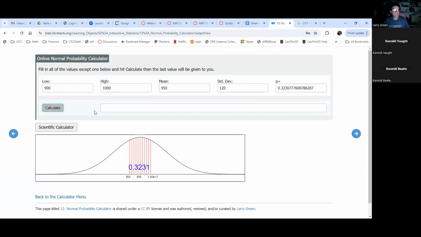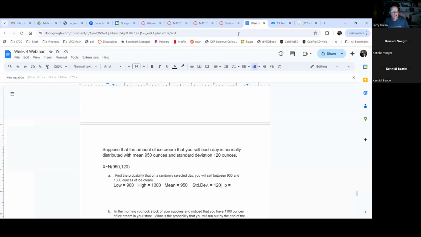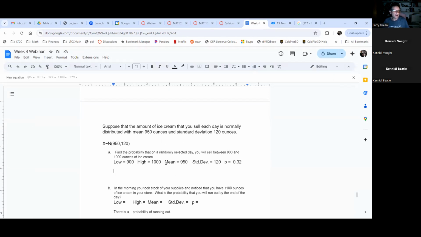And the probability is about 32% chance. Okay, so there we go. 0.32. Any questions on that? Very similar to the last one, but now it's ice cream instead of having a baby. That's really different, but the math is really similar.